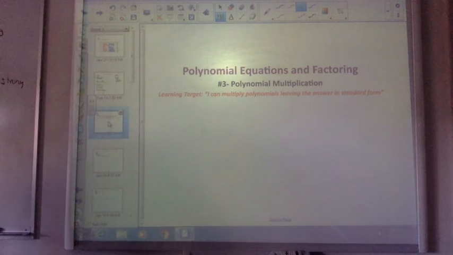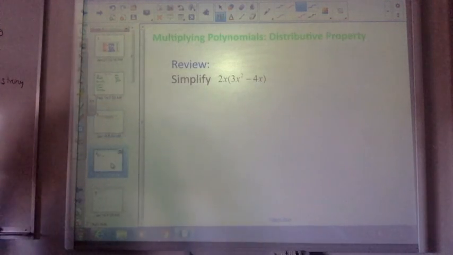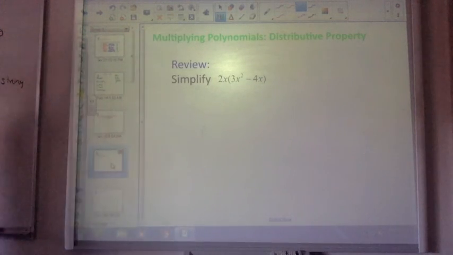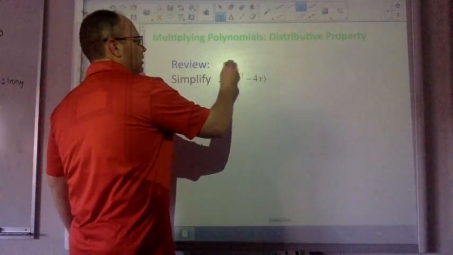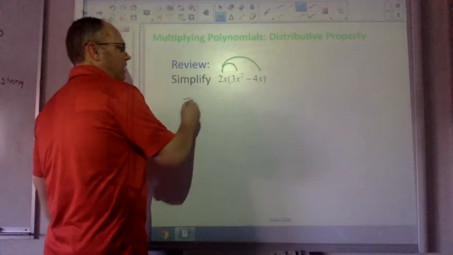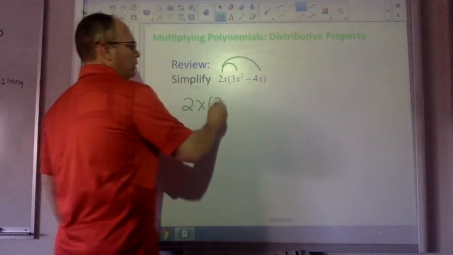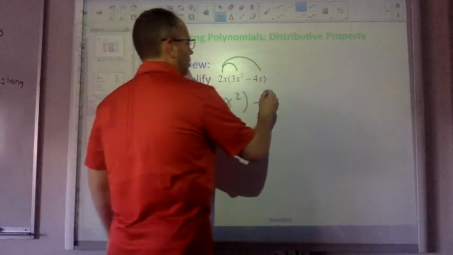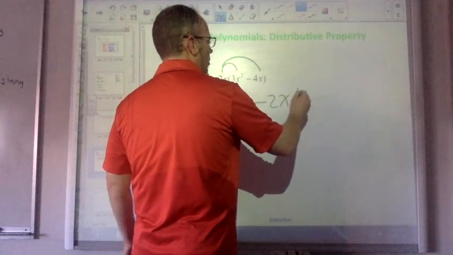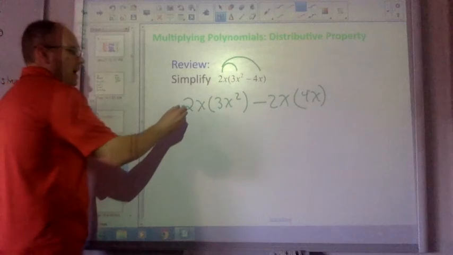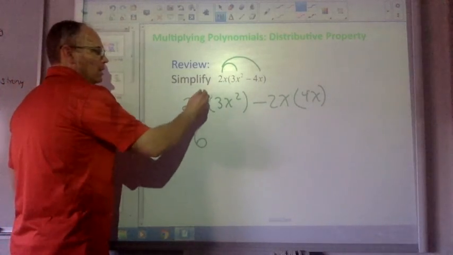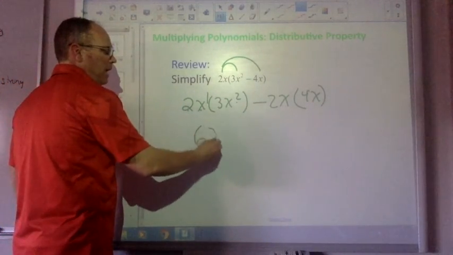All right, polynomial multiplication. Okay. So let's do this. I'm going to use the distributive property, so I'm going to multiply 2x times here, 2x times here. That's the same thing as saying 2x times 3x squared minus 2x times 4x. Is that okay? Then we'll do the math. 2 times 3 is 6. Like bases, when multiplying, we add the exponents.